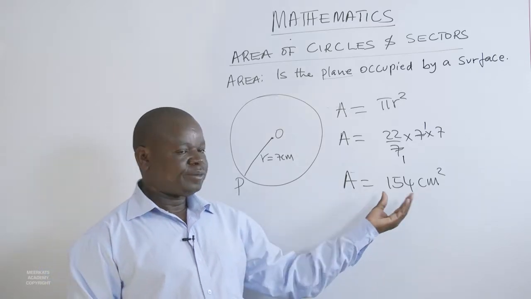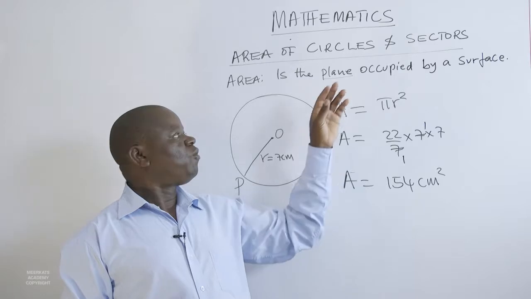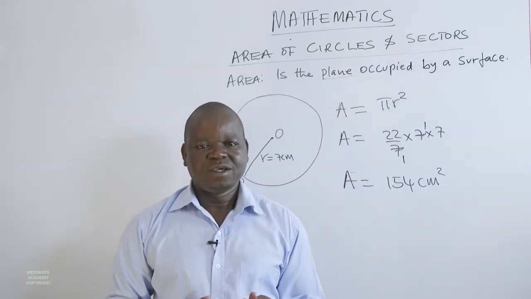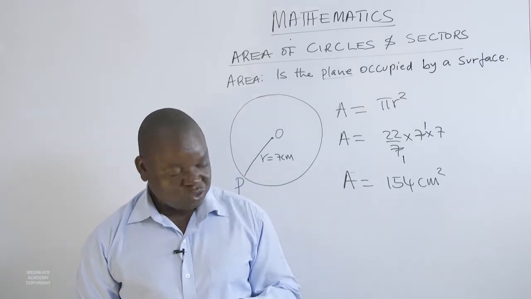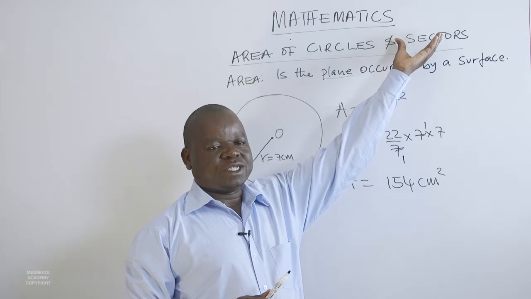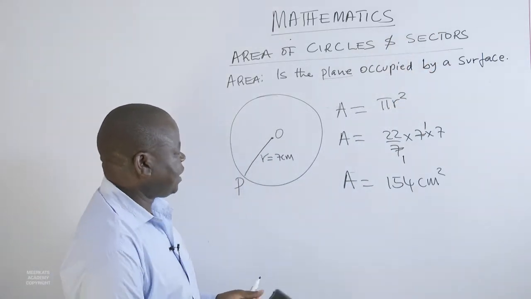And from the area of a circle, we can now develop what we call the area of a sector. That is my main concern this morning, because this is what we want to derive, to arrive at. What is a sector? What is a sector of a circle?